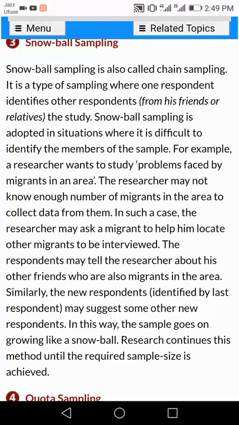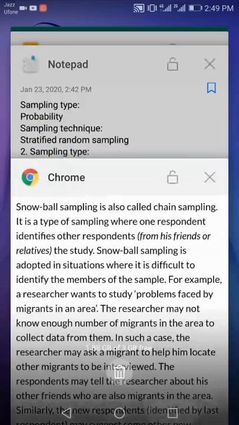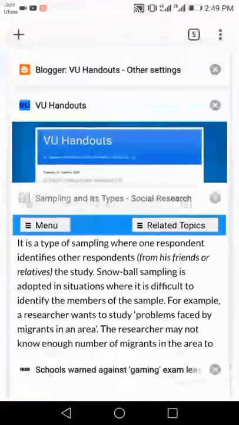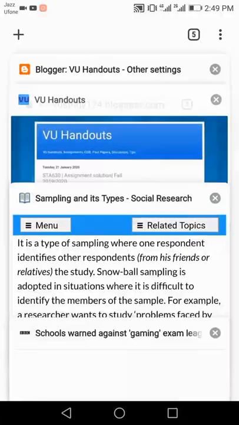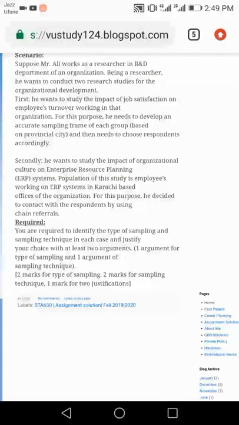This sampling technique is used in the second scenario, as we have read. Suppose, second, he wants to study the impact of organizational culture on the enterprise resource planning system. The population of this study is employees working on the ERP system in Karachi-based offices.